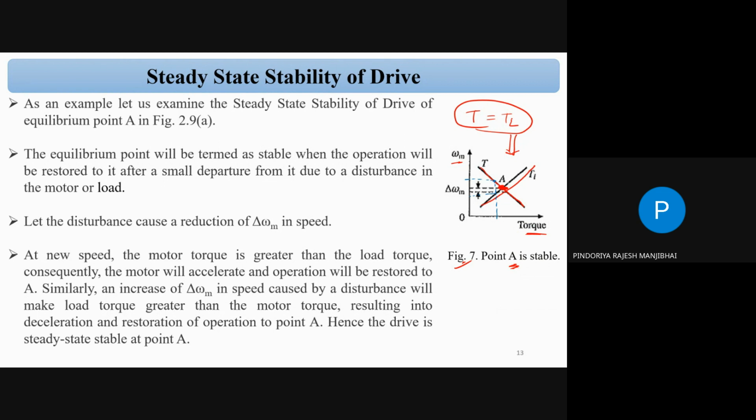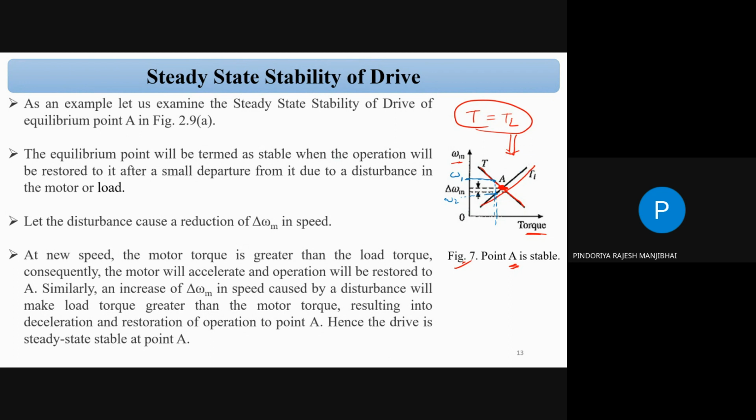Here is the motor torque, so its speed is omega 1, and at the same point the load torque is also decreased, omega 2, and the motor speed is also decreasing. So you can see both quantities are proportionally decreasing, correct. With a decrease in the motor torque and an increase in the load torque, both quantities are proportionally dependent and equal. Then we can say it is a stable operation.